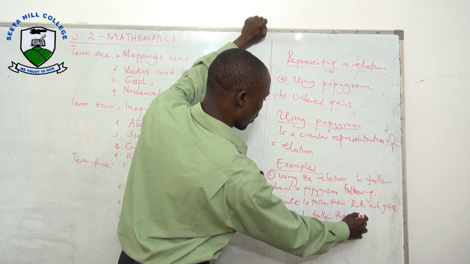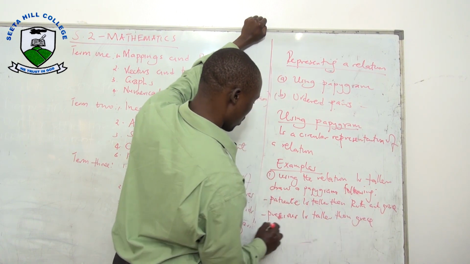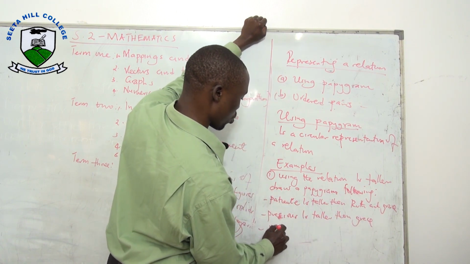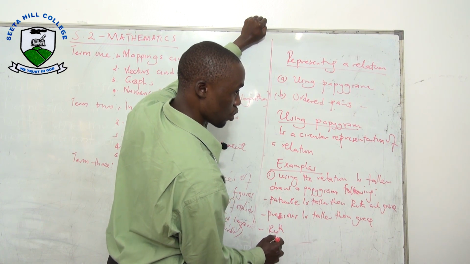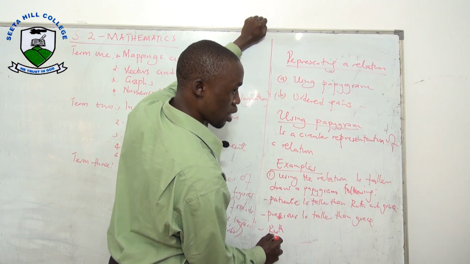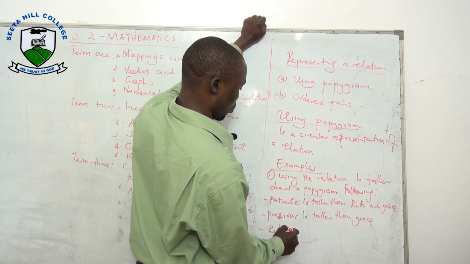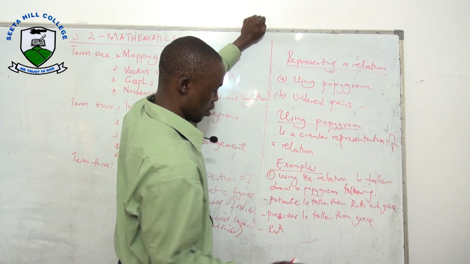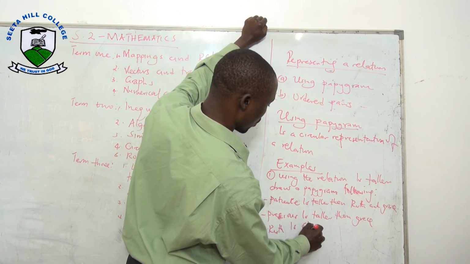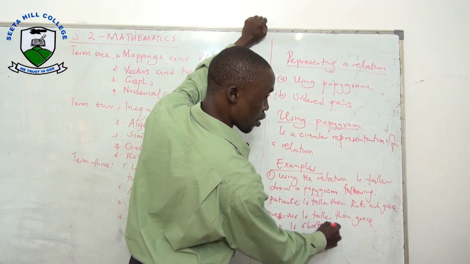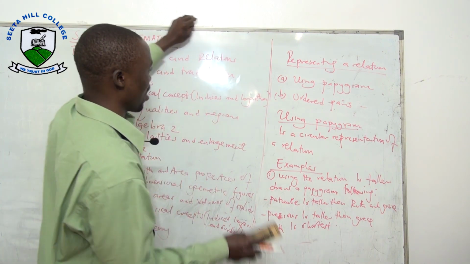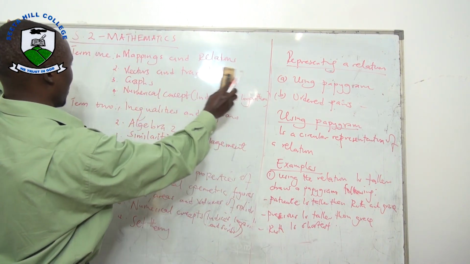Grace. Then Ruth is taller than who? The shortest is Grace. Ruth is the shortest, not so? No, Grace is the shortest. Okay.